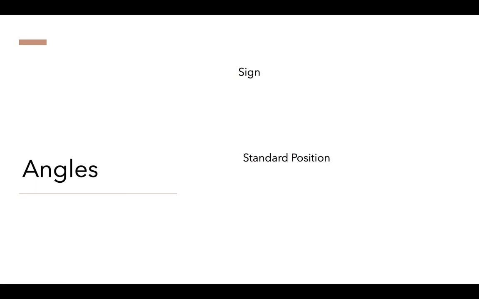Now, to understand angles a little bit further, first we need to understand what a standard position is. Standard position is represented on a Cartesian plane. So this is x. The initial arm is always represented on the x-axis, on the positive side.